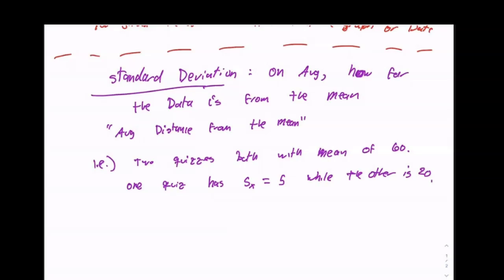Well, their average was the same, but remember, what we have to learn as students now in statistics is that the average, a measure of center, doesn't paint the whole picture. We need to talk about the spread.